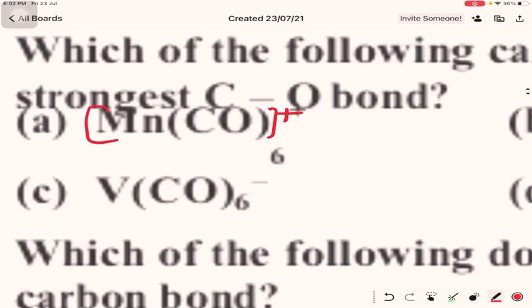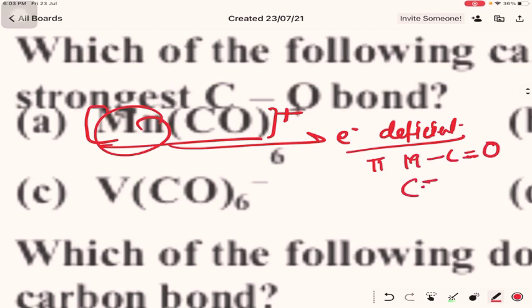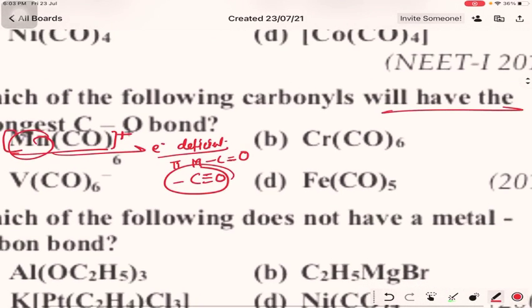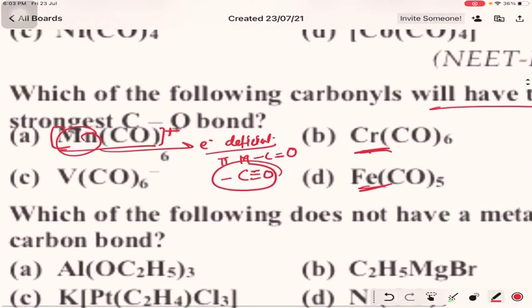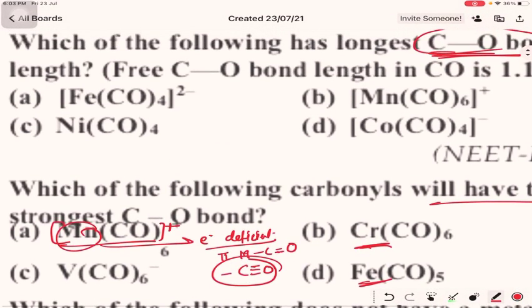This complex has a positive charge. Manganese is electron deficient, so it will not donate electrons. Back bonding is 0. The number of pi bonds formed between metal and carbon will be 0. As a result, it will have a pure triple bond between carbon and oxygen. But in other cases, there is some extent of back bonding, so the CO bond length will increase.